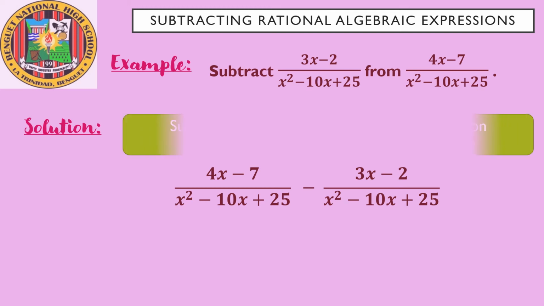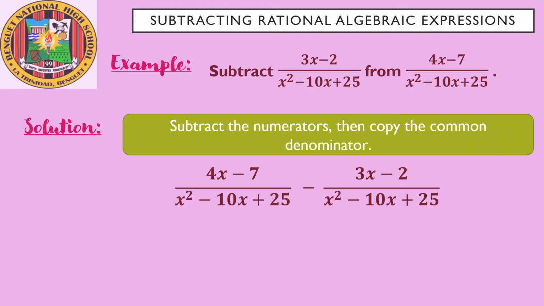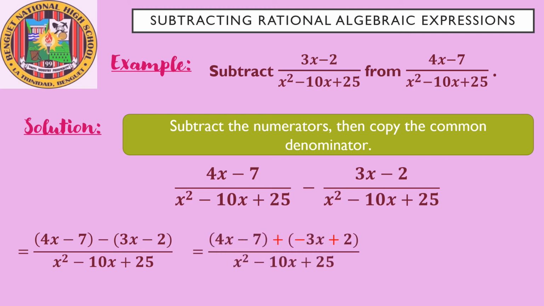Next, we copy the common denominator, then focus on subtracting the numerators. Remember, when we subtract polynomials, we change subtraction to addition, then change the signs of all the terms to their opposite. Thus, we have the quantity 4x minus 7 plus the quantity negative 3x plus 2 in our numerator.